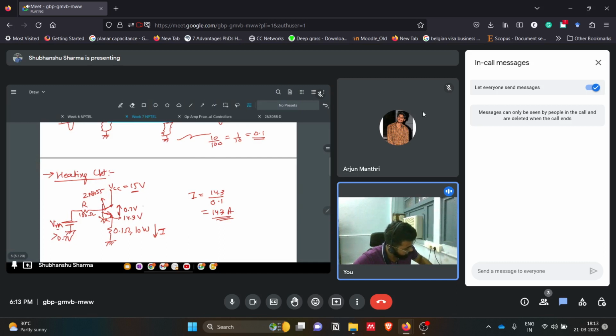According to the data sheet of this transistor, we can only have a maximum current I max of 10 amperes. But based on this configuration, we are getting 14.3 volts here, and thus the current is very high. So in order to control this current, we will be needing this op-amp circuit.